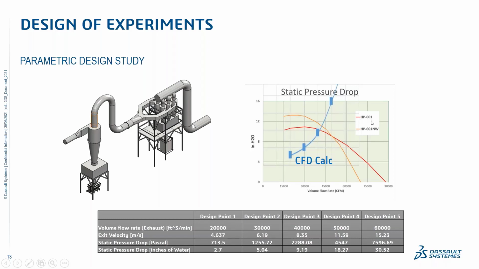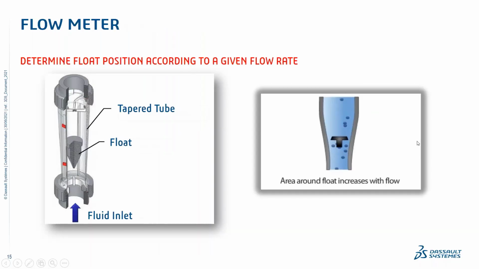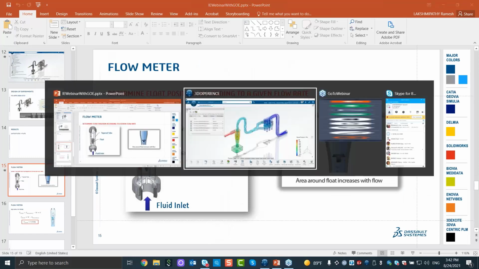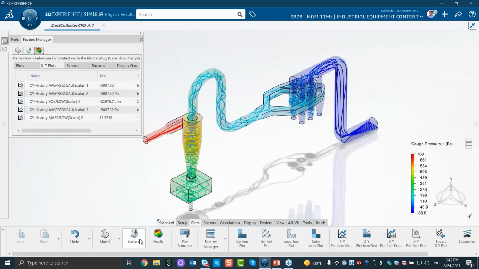Right, so this is HP601, HP601NW, and you can very well see that, at right about 40,000 CFM, I might be able to actually use this HP601 fan. And so that's an easy decision for me to make right now because I have done all the experiments and now I can take the next steps in my design, which is to go ahead and complete my setup.